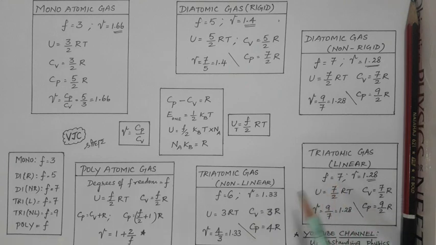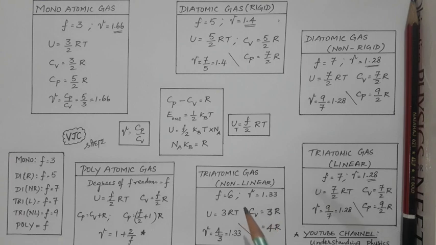Yes, and from there you come to triatomic gases, non-linear, like water, H2O, with O here and H there, they are non-linear, right? And F is 6 degrees of freedom.